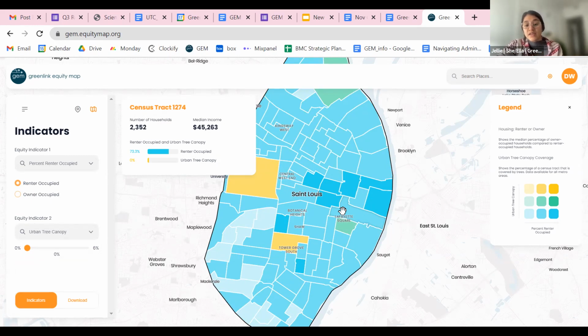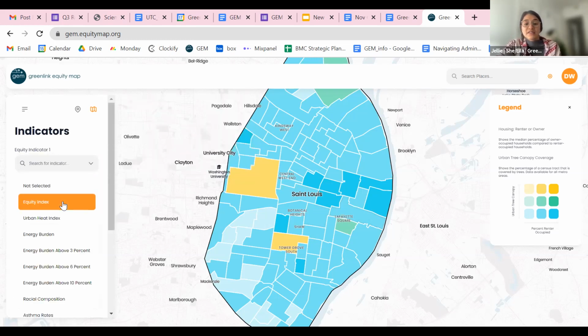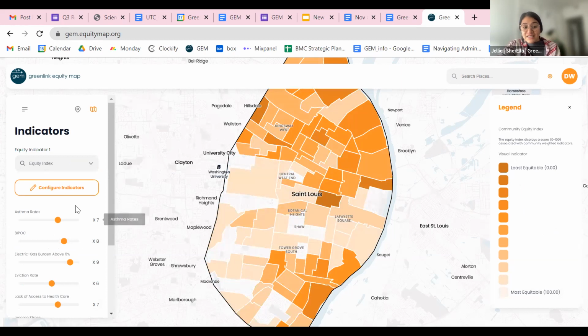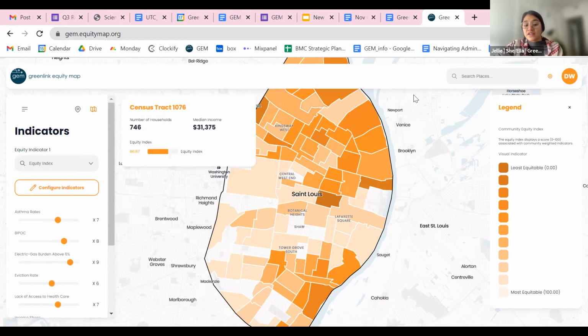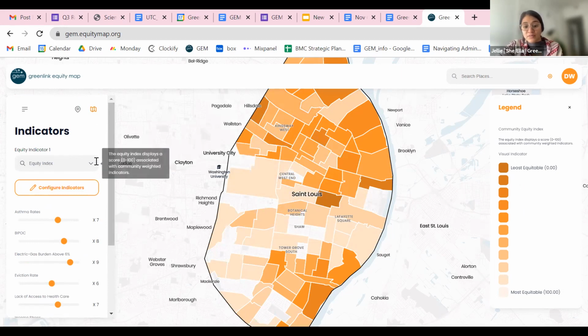So we're still seeing lower tree canopy. We also looked at the equity index. I'm not sure if your team pulled that up, but the equity index allows you to look at multiple indicators at a time. So we added multiple indicators, including urban tree canopy, to see where the clusters of inequities are.